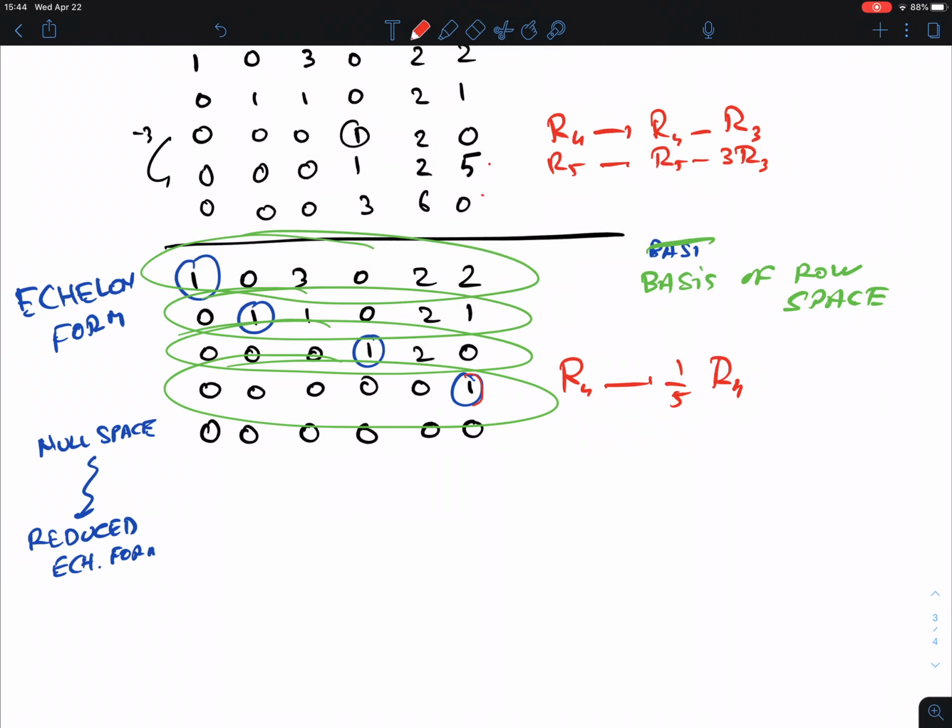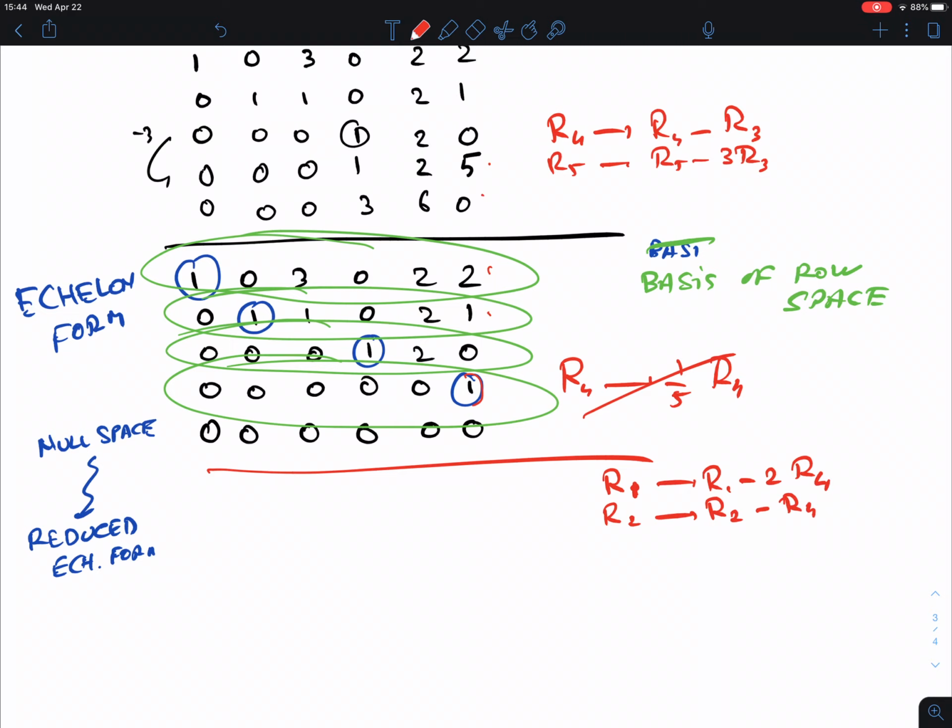This one, I have to put zeros on top there. So the operation I'm going to do is row 1, replace that row 1 minus 2 times row 4. This is the 4th row that this one is in. And then row 2 is row 2 minus row 4.